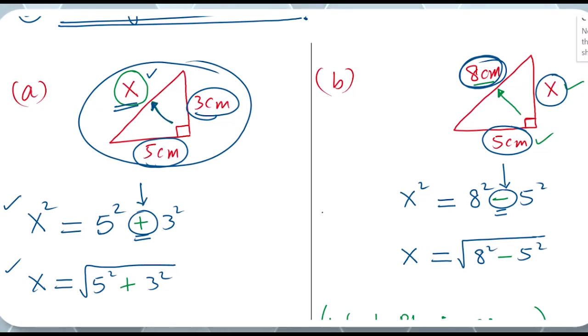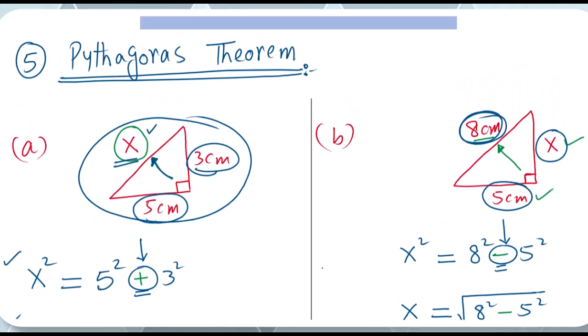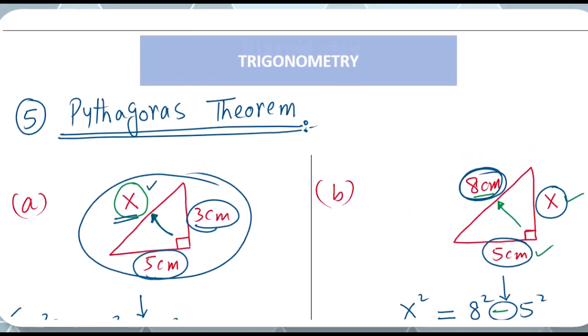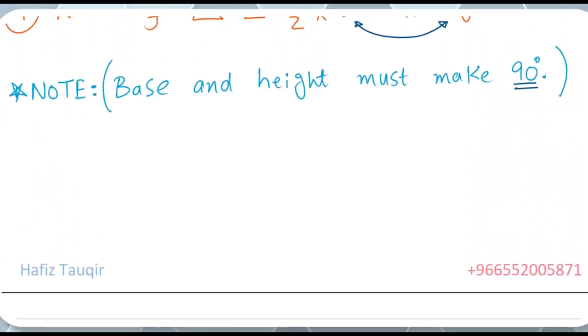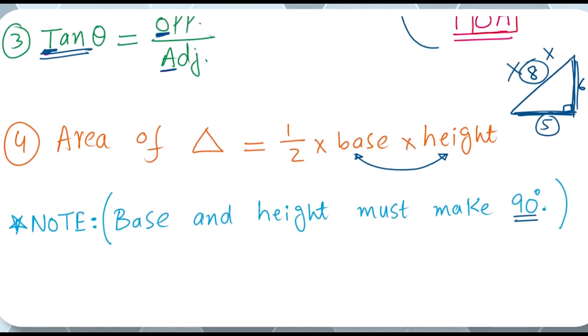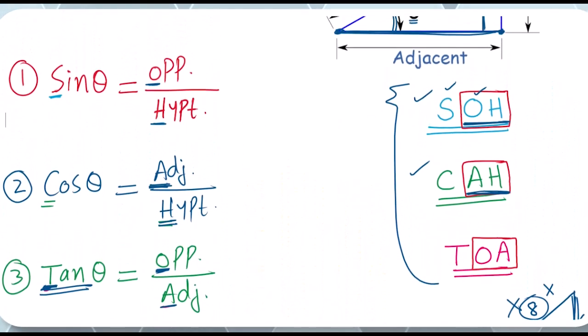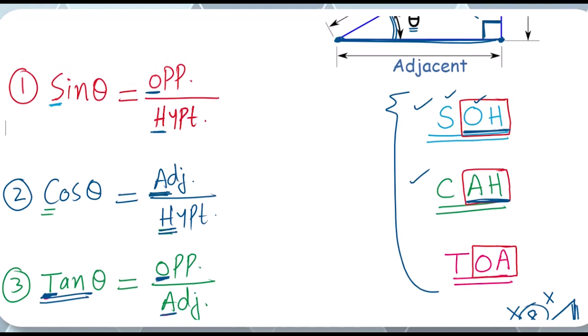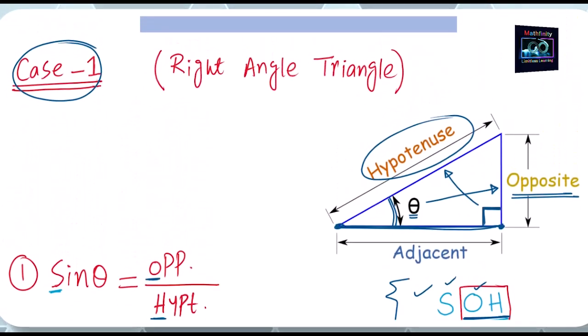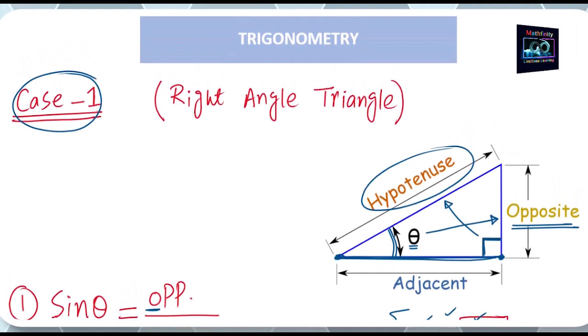So guys, these 5 things: the fifth was the Pythagoras theorem, the fourth was the area of the triangle, and SOH CAH TOA, sine, cosine and tangent, you can use only on a right angle triangle, case 1. You cannot use these formulas on case 2. So from the beginning I separated both cases.